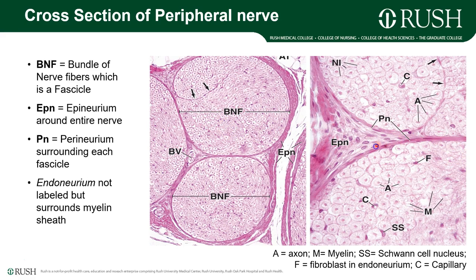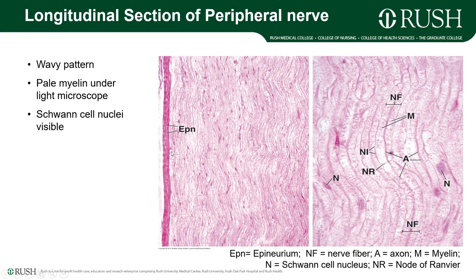In a higher view, you can see that is surrounding each one of these fascicles, followed by a hierarchical structure of epineurium, which is surrounding multiple fascicles, which are listed here, B, N, F here, here, and here.